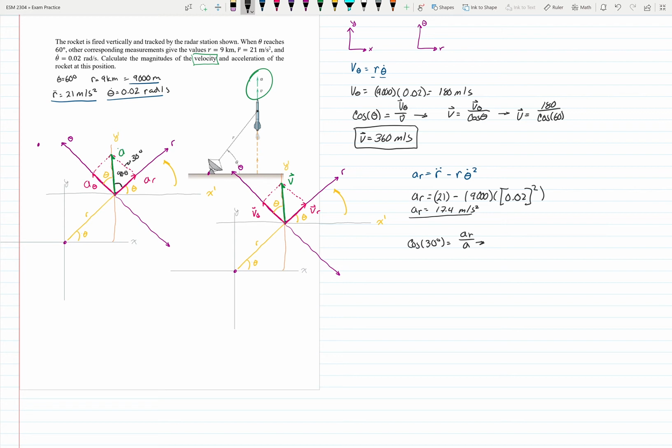And this can be rewritten as a is equal to a r over cosine of 30 degrees. Well, we know a r, and we know what cosine of 30 degrees is. So we can solve this as a is equal to 17.4 over cosine of 30, which is equal to 20.1 meters per second squared. And that's equal to our a.